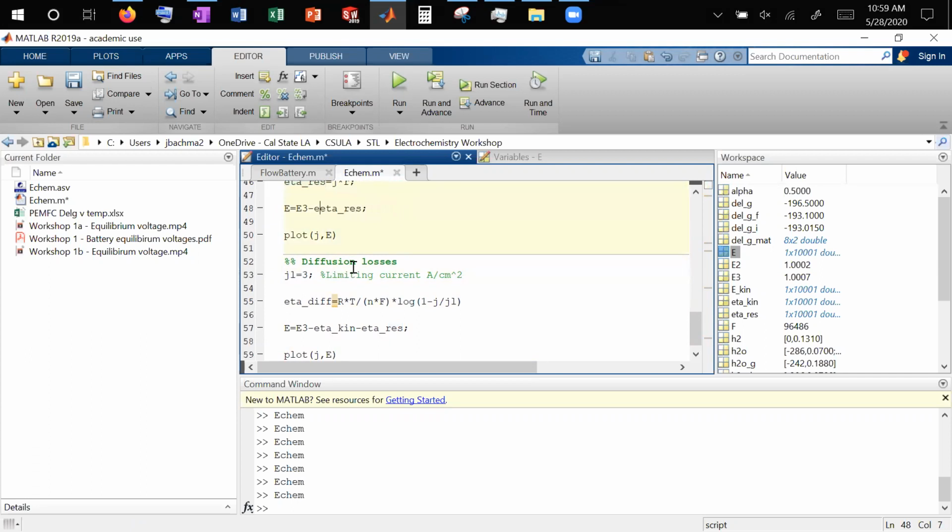I'm just going to call this E resistance. And this one I'm going to subtract. I'm going to do minus eta diffusion losses. And I think that could get us there. But we're going to need to hold on.